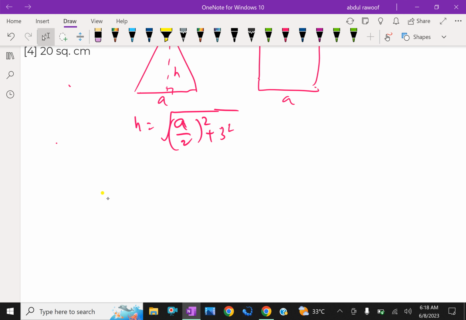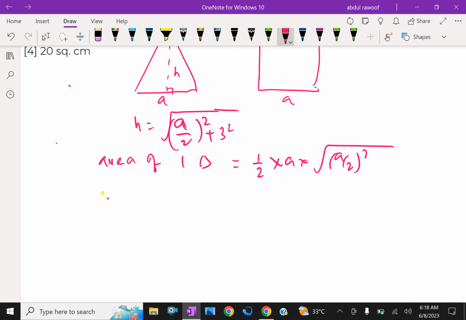Now A equals the edge length of the square base. Therefore the area of one triangle is half base A times height, which is the square root of (A by 2) squared plus 9. Now by the problem, the area of one triangle is equal to the area of the square.